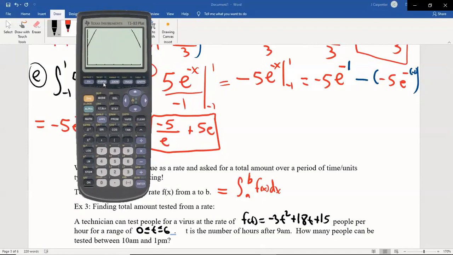Still not high enough, so let's play with the window a little more. Maybe the y max could be 50. There we go. So this is our graph. This is our productivity rate, which is all positive. It looks like we're doing okay at 9 a.m., but as the day goes on, at 10 a.m. we're a little more productive, at 11 a.m. a little more productive.